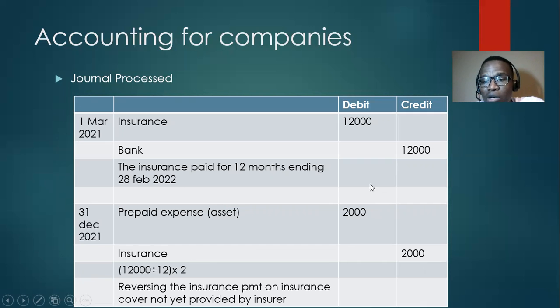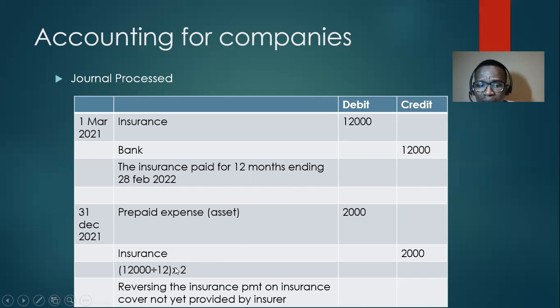Because the company has got the right to be covered, or the right to receive that payment back from the insurance company. Then the insurance, since it was debited with 12,000, was not supposed to be 12,000, since not the whole insurance cover was received throughout the period, only 10 months, and 2 months remain to be covered in the next financial period.